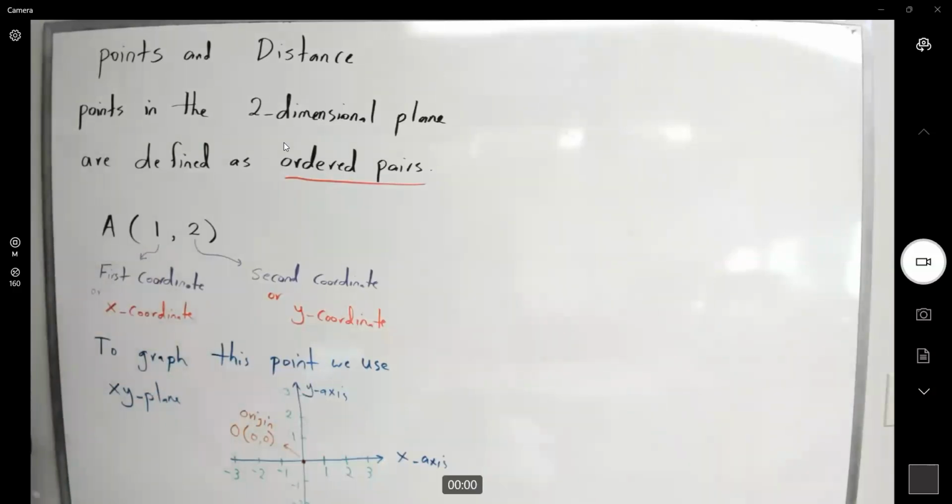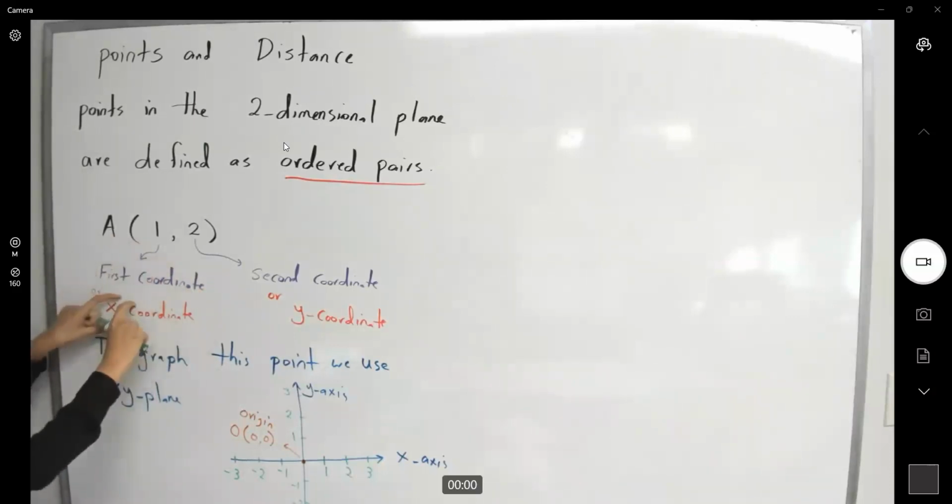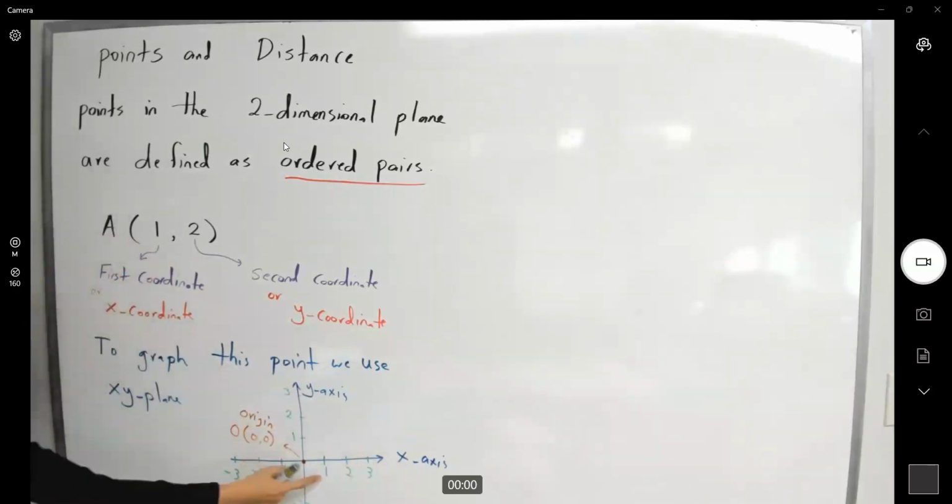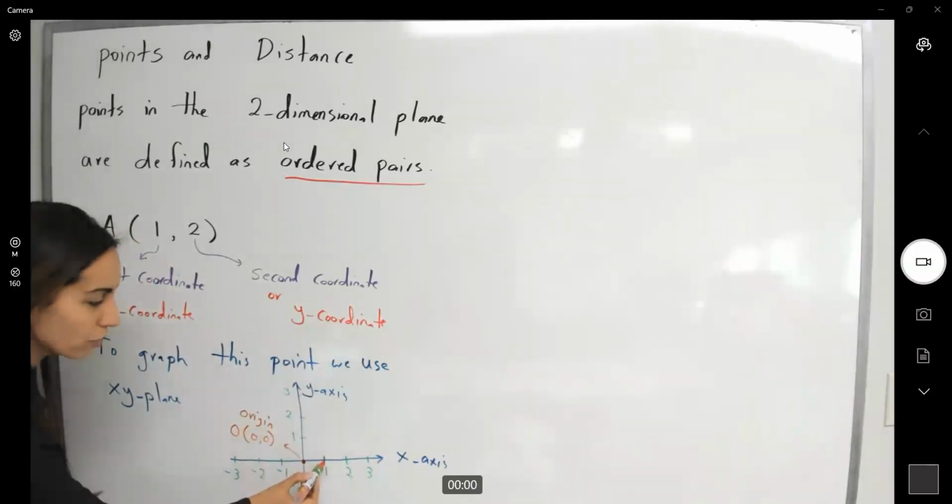So I have a point, (1, 2). How do I graph this? How do I visualize this? The point says my very first value is 1. 1 is my first coordinate, or x coordinate. It's going to be on the horizontal line. I need to find 1. 1 is exactly here. So I start from the horizontal line at 1.